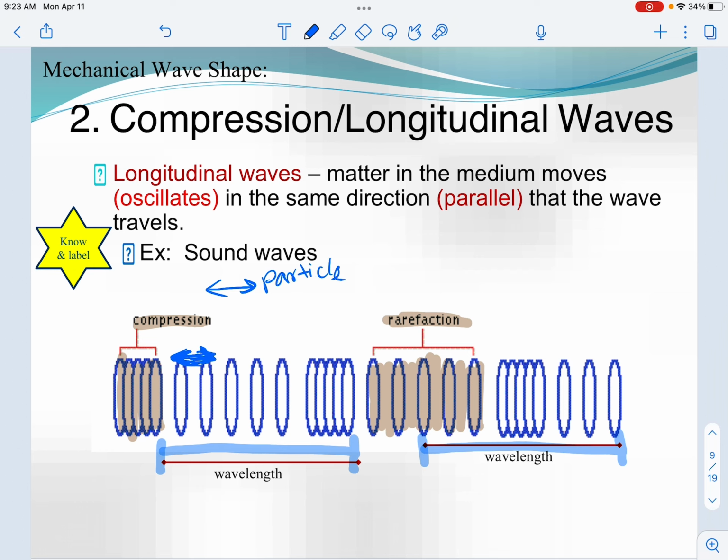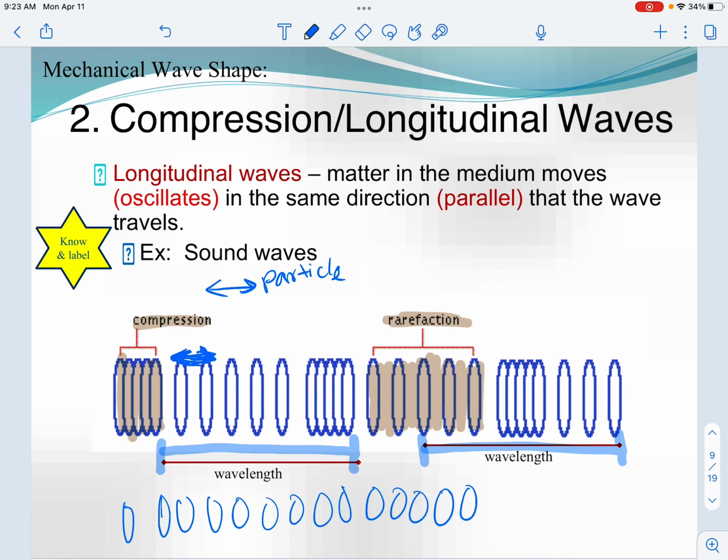If we were to see this as an animation, what we would see is that we have all of these particles spread out, and then as our force comes and compresses the molecules here, those molecules are going to pass and bump into the other molecules, causing them to also be compressed. And then those molecules are going to pass the energy, causing another set of molecules to be compressed.